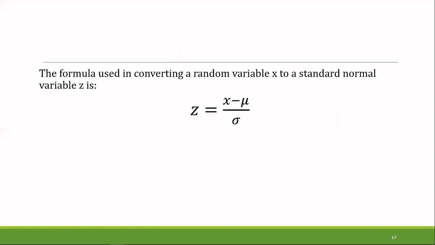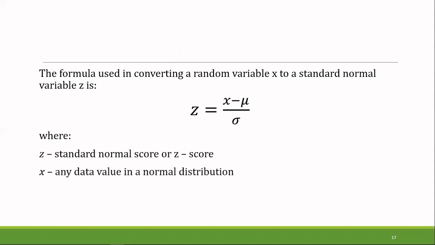So ito yung paghanap natin ng z value. Okay? So z is equal to the random variable x minus the mean all over the standard deviation. Ayan. Makikita naman natin siya, standard normal score or the z-score. Then any data value in a normal distribution, the mean, and then the symbol for standard deviation.